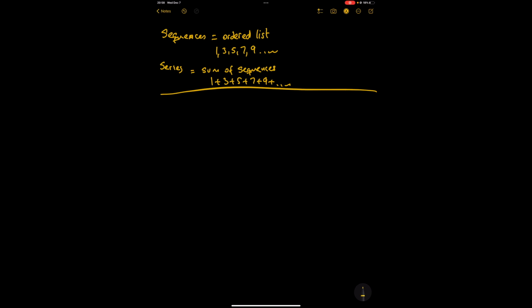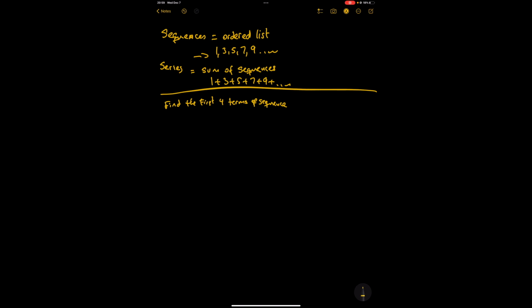So, let's say, for example, they say, find the first 4 terms of a sequence. Basically they're asking you to find the terms that come first. So 1, 2, 3, 4, the first 4 terms.